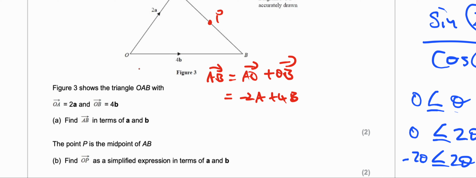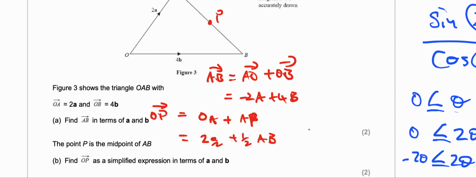Find OP. So if you're going to go from O to P, you're going to go from O to A, and then from A to P. Now OA is just 2a, and AP is a half AB.